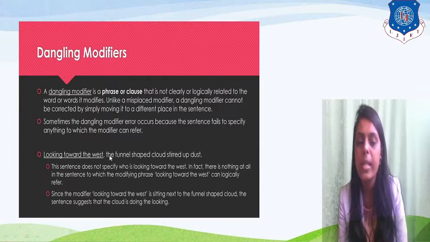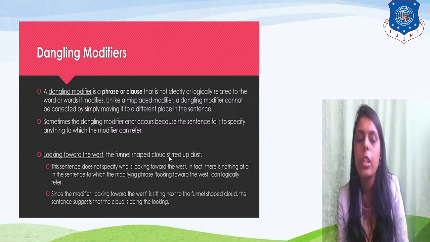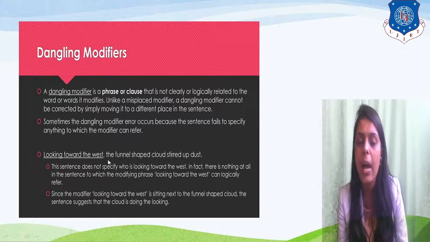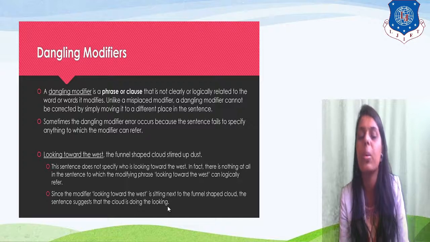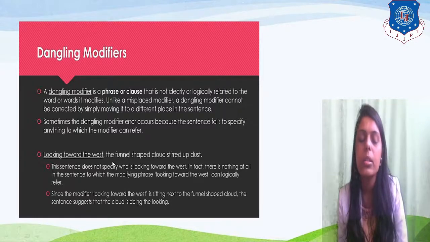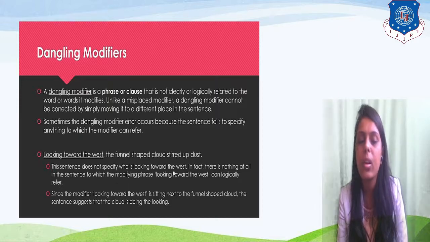So what is the sentence? Looking towards the west, the funnel-shaped cloud stirred up the dust. You can see this phrase is not connected to the sentence after the comma, right? But since the modifier looking towards the west is sitting next to the funnel-shaped cloud, the sentence suggests that the cloud is doing the looking, right? But actually it is not like that.